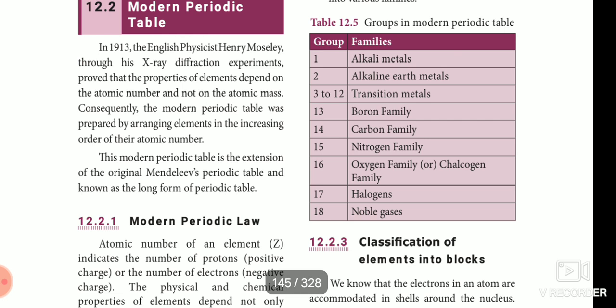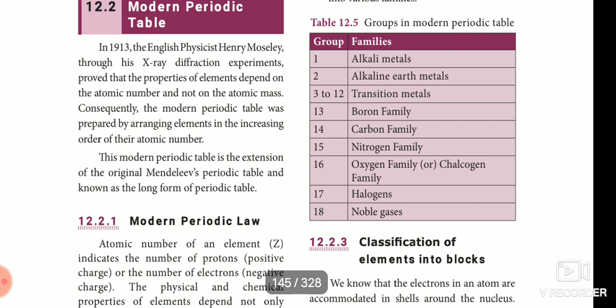The electronic configuration is the basis of the periodic classification of the elements. There are 4 blocks in the periodic classification. The first two groups, alkali metals and alkaline earth metals, are called S block elements. Then groups 3 to 12, the transition metals, are called D block elements.